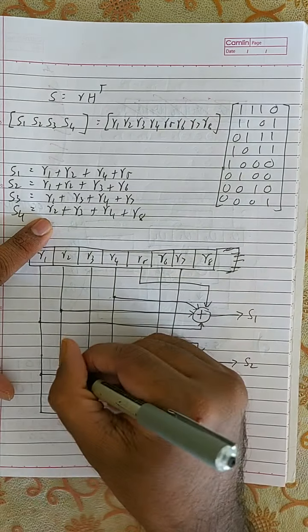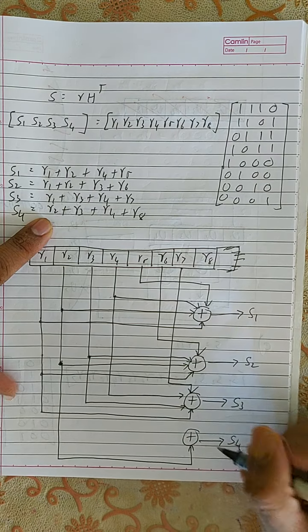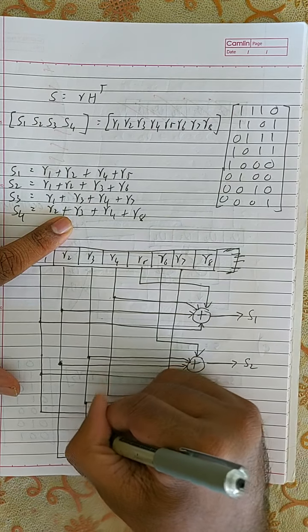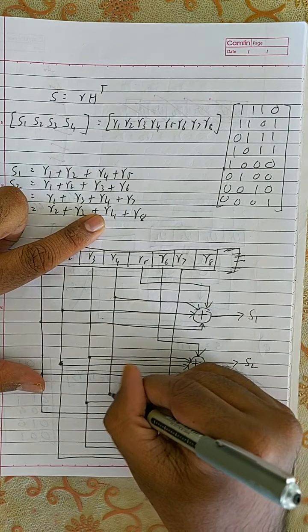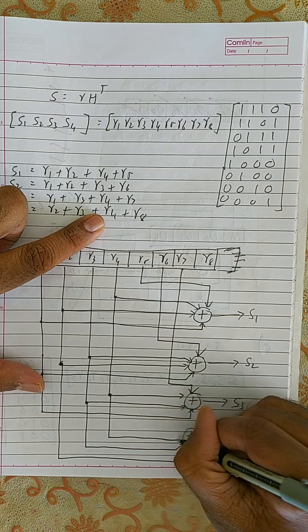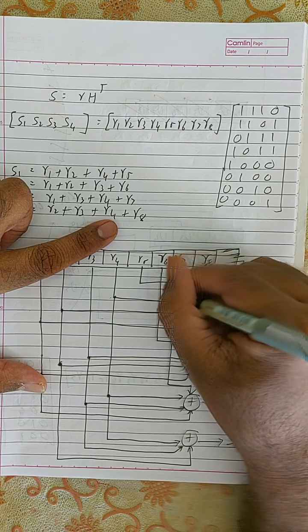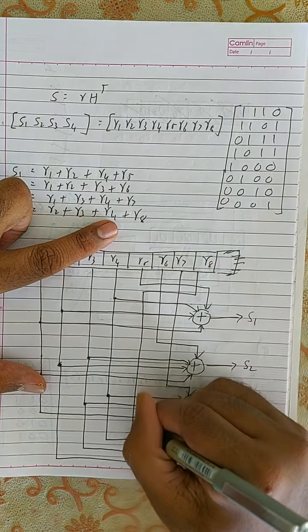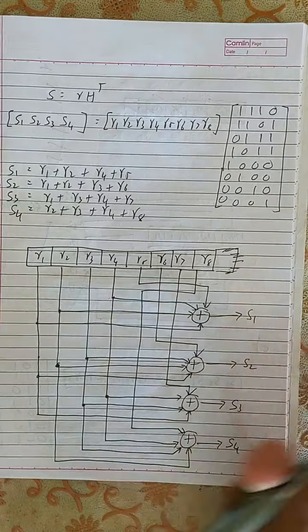For S4 you have R2, R3, R4, and R8. I'll bring R8 over here. So this is the syndrome decoding circuit.